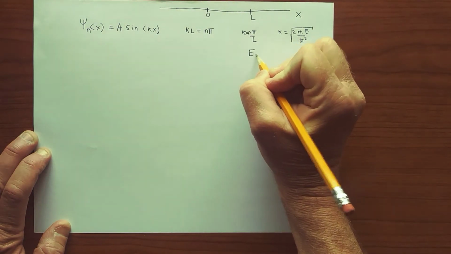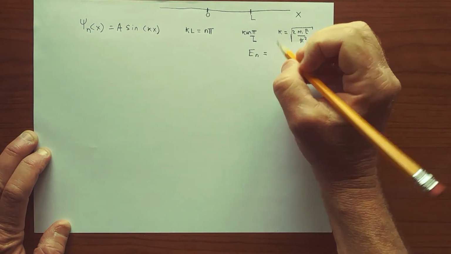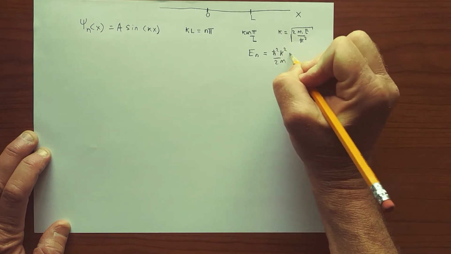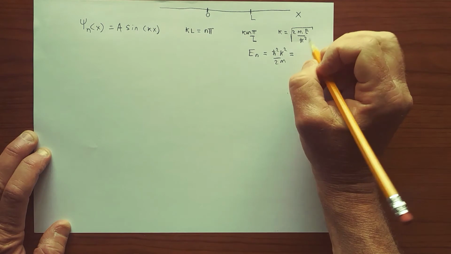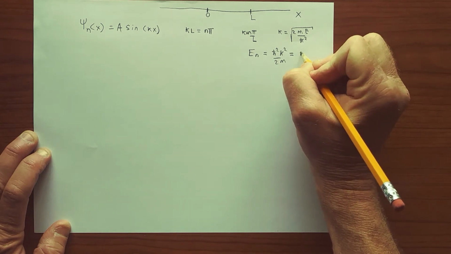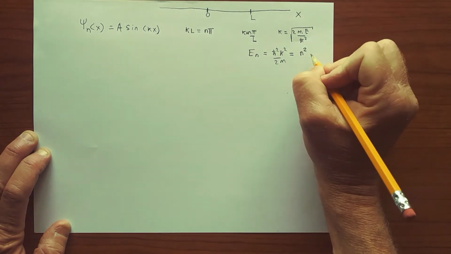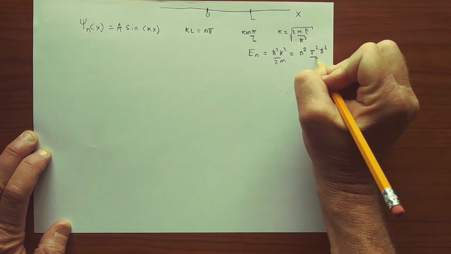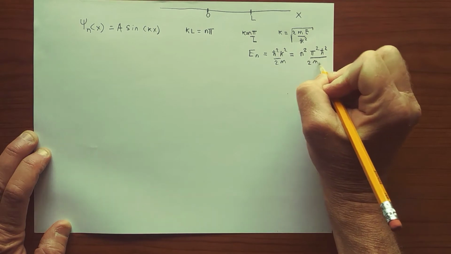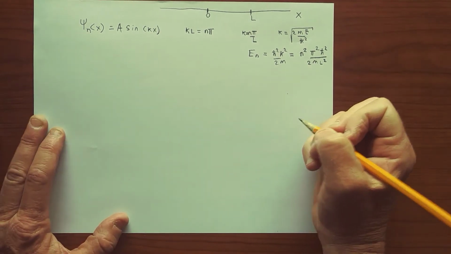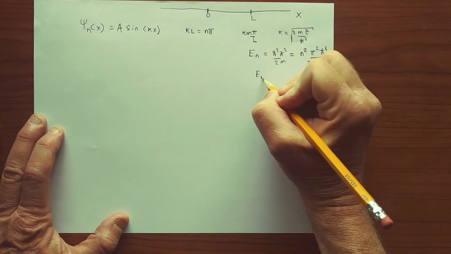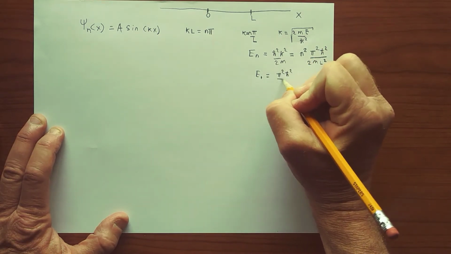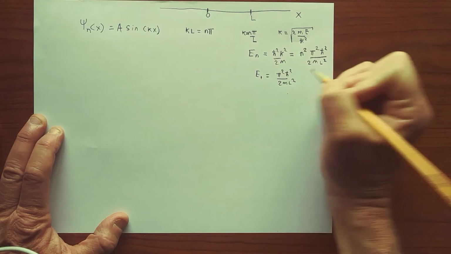And so our energies, as we've shown, we can now write them in terms of this n parameter, n squared pi squared h bar squared over 2mL squared. So the lowest value of the energy is pi squared h bar squared over 2mL squared.